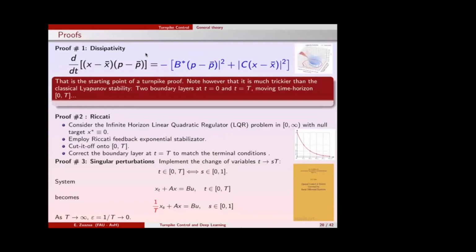There are several proofs for this principle. Maybe the simplest is that you think of control problems in longer and longer time horizons. If you do this, then you will say, oh, but there is the classical infinite horizon linear quadratic regulator problem, right? So in infinite time, I know that the optimal trajectory is given by the Riccati feedback operator, and I know it decays exponentially as t goes to infinity.